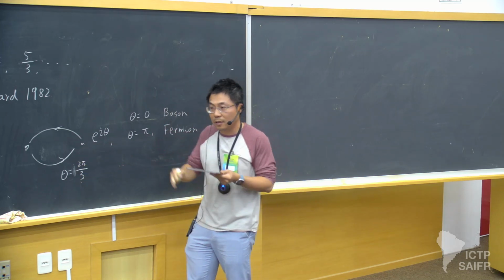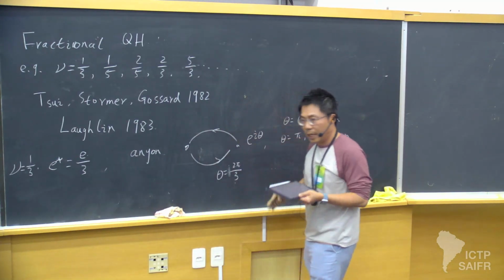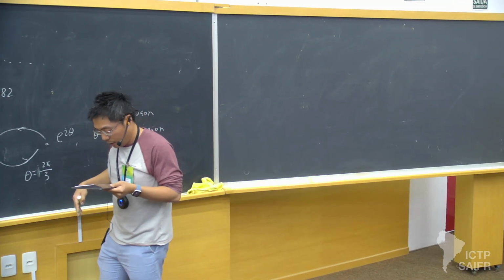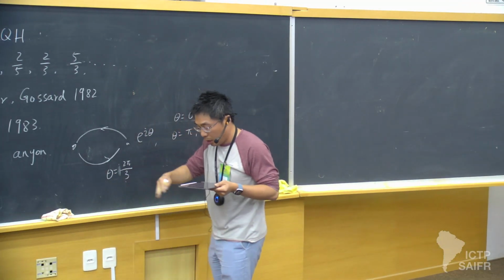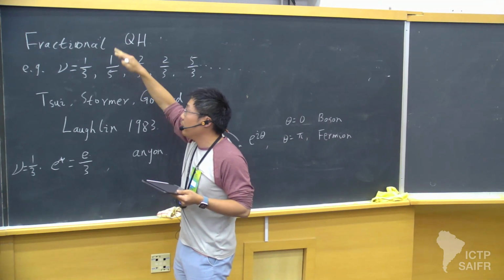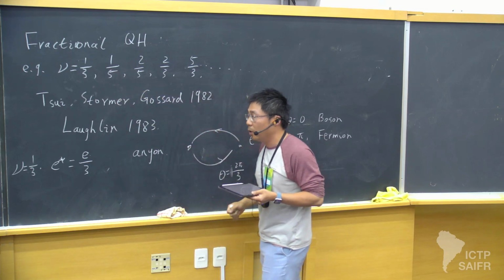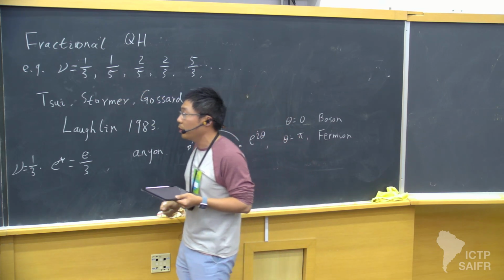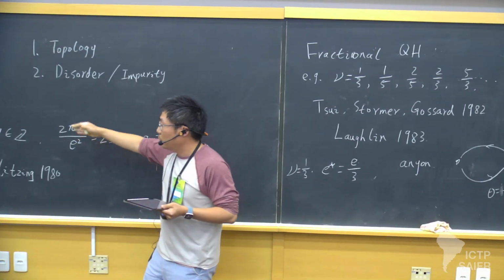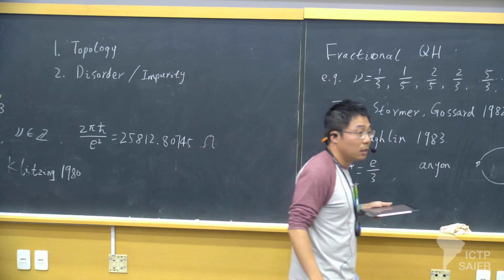Sometimes things can even become more exotic, like you can get so-called non-abelian anyons, but this lecture will not really touch that. If I have time, at the end of the lecture I will explain a little bit about the physics of the fractional quantum Hall effect. The major part of this course is to understand the so-called integer quantum Hall effect.